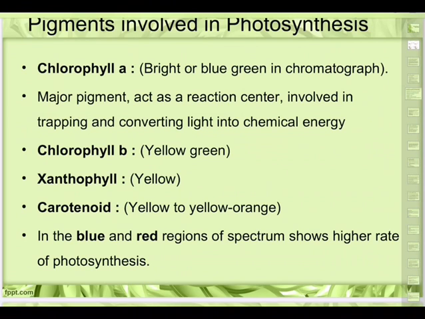Carotenoids are a group of yellow, brown to reddish pigments which are associated with the chlorophylls inside the chloroplast but also occur alone. Along with chlorophyll B, the carotenoids are called accessory pigments because they hand over the energy absorbed by them to chlorophyll A. That's why carotenoids are important.